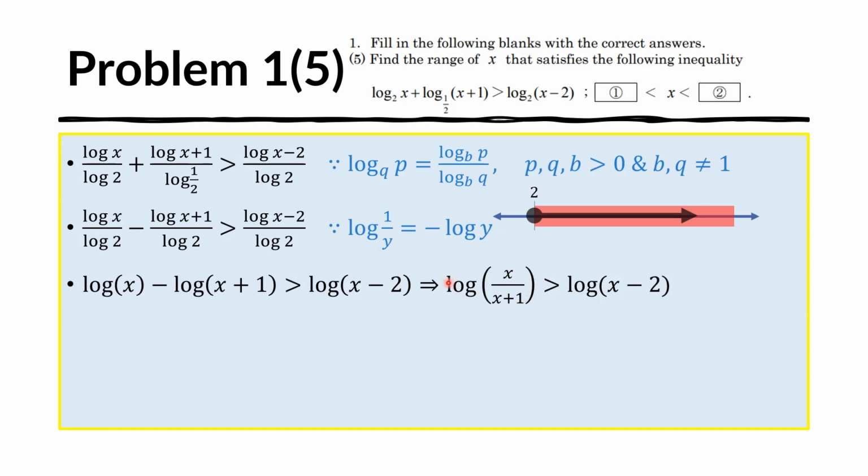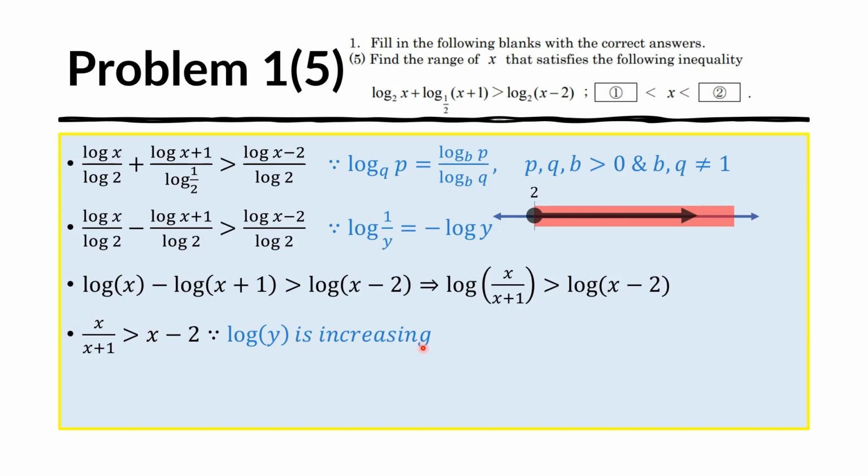So if a function has that property, then we can just remove the function in an inequality. And so we can just remove the log. And so we get x over x plus 1, which is the thing here, and is greater than x minus 2, which is the thing here. Again, that's because we know that log of something is an increasing function.